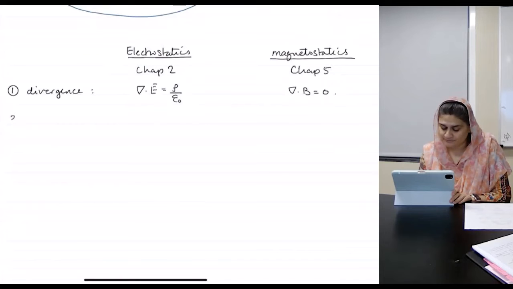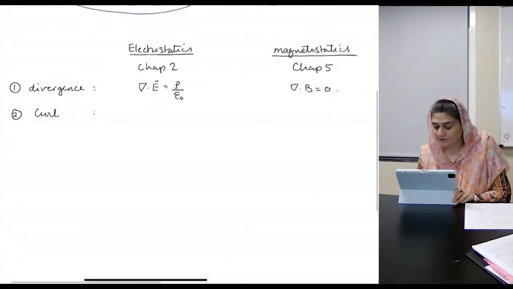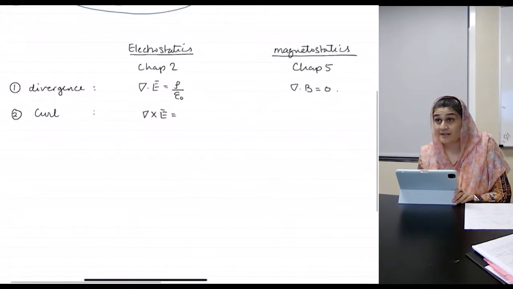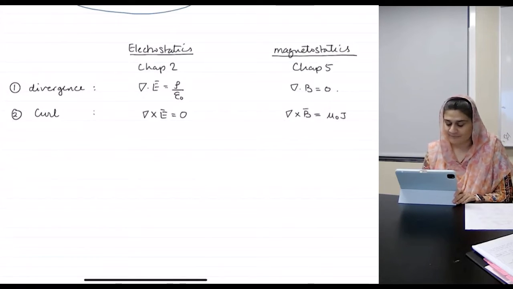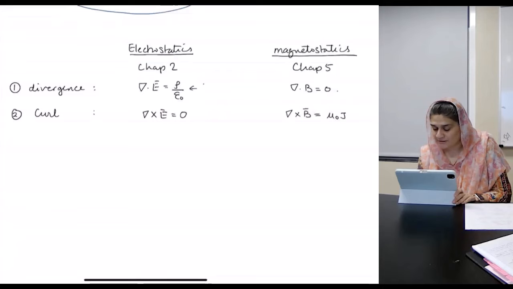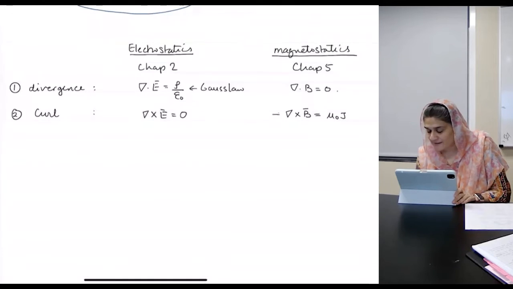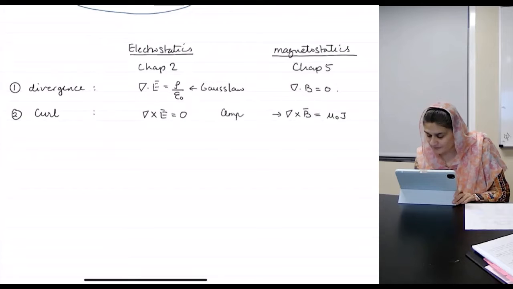Number 2, curl. Curl of E is 0, and curl of B is mu naught J. This is called Gauss's law, and this is called Ampere's law.